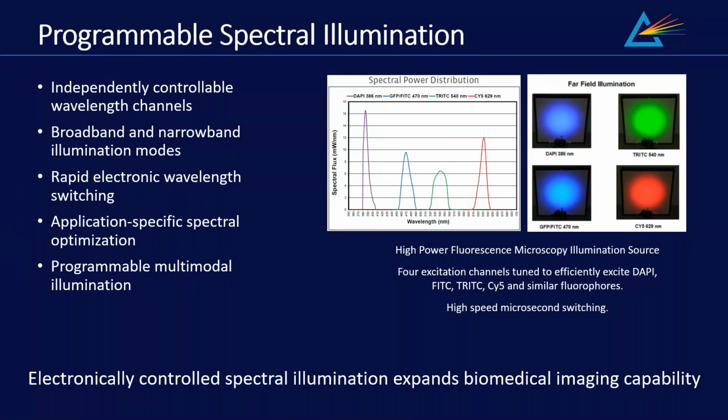Spectral programming also enables rapid switching between the modes, synchronized imaging sequences, and multimodal operation without requiring multiple independent light sources. As a result, spectral control is an important feature of modern biomedical illumination system design. Achieving this level of spectral flexibility requires precise independent control of multiple wavelength channels.